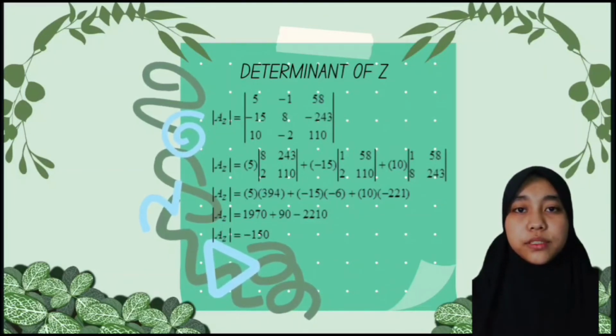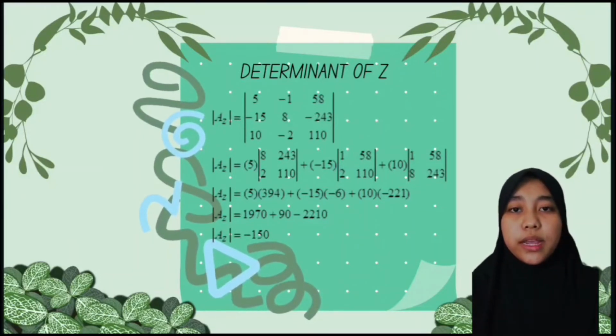We take the number in the first column, first row, which is 5, to multiply with the 2 by 2 matrix. Now we're going to eliminate all the numbers from the first column and second row, which we're going to get 2 by 2 matrix, 158, 2, 110. We multiply with the number in the first column and second row, which is negative 15.